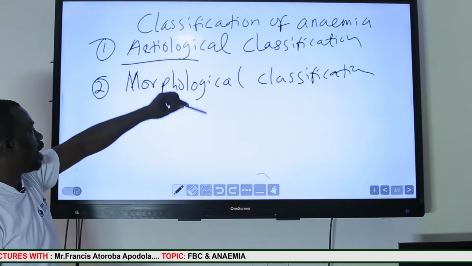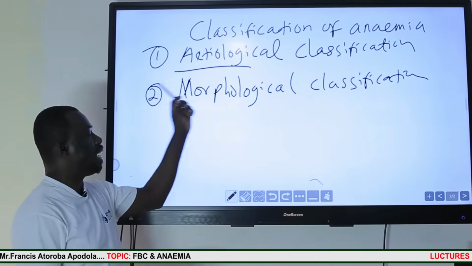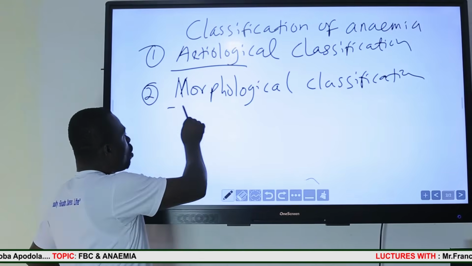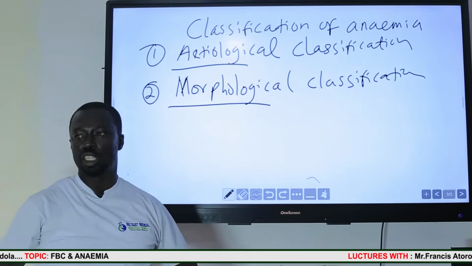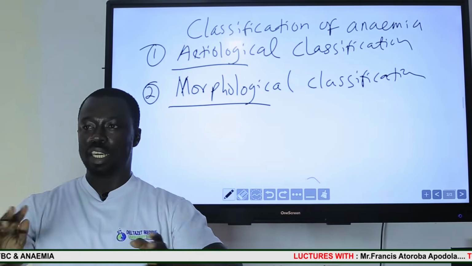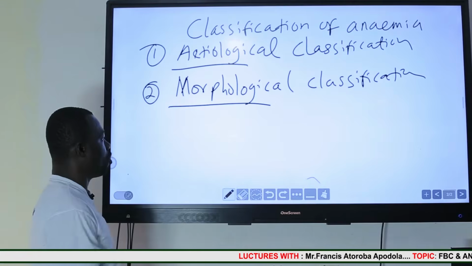We can classify the anemia based on what is causing the anemia. Then we can also classify the anemia based on what? The morphology. That is, we want to look at the red blood cells, the shape, the size, the color, and that will fall under morphology.